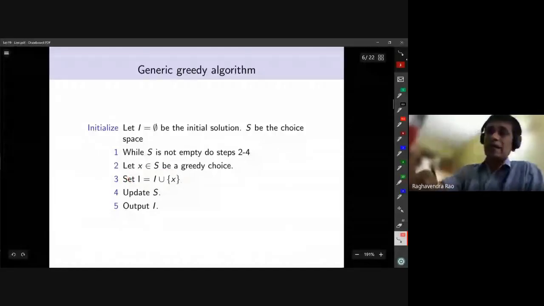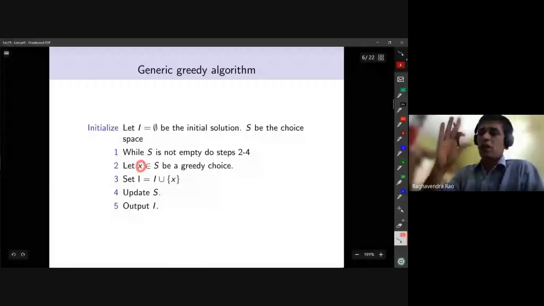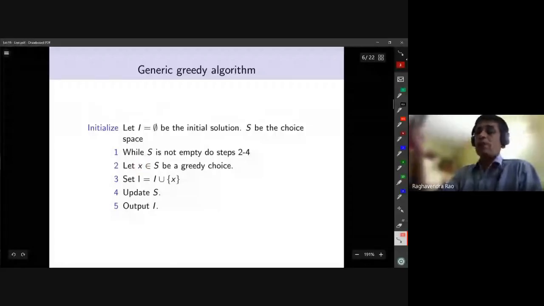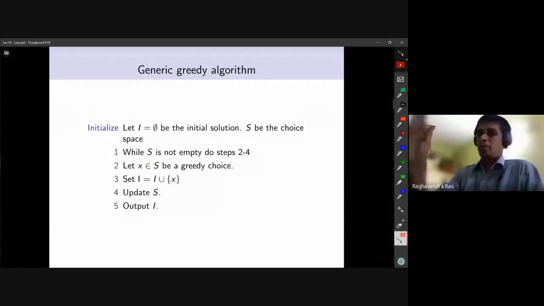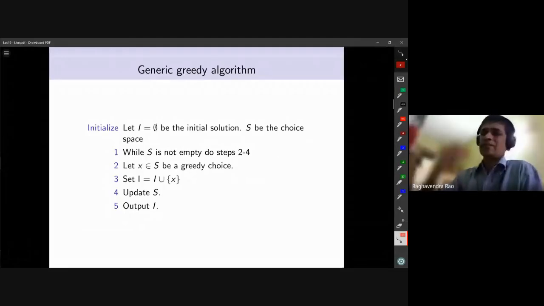When I include X, say X is task 10, in my schedule, I should not be going back on my words and revising my solution. Once I decide to choose 10, it stays in my solution. That is the essential property of greedy. That's called greedy choice. Once you make that choice, you are not going to leave that out.